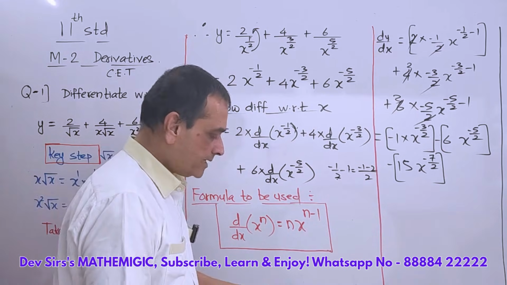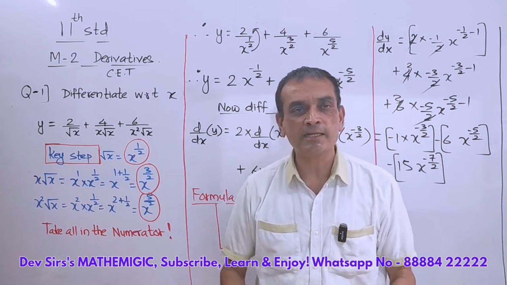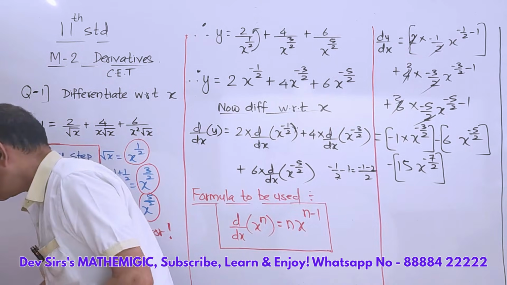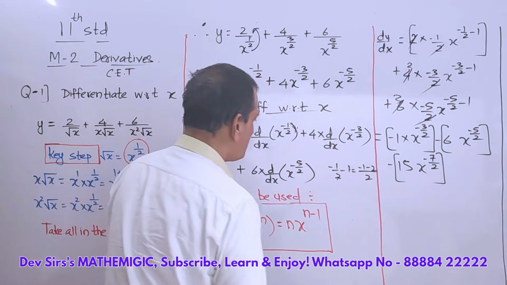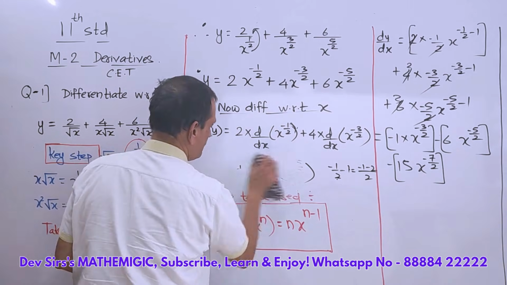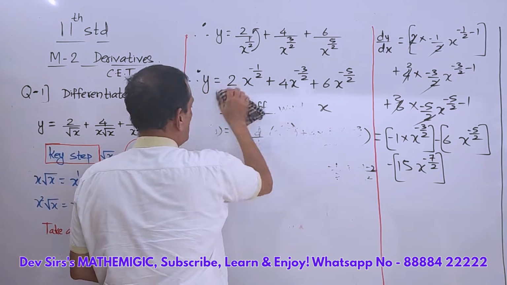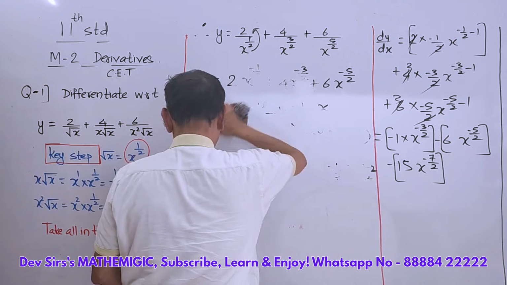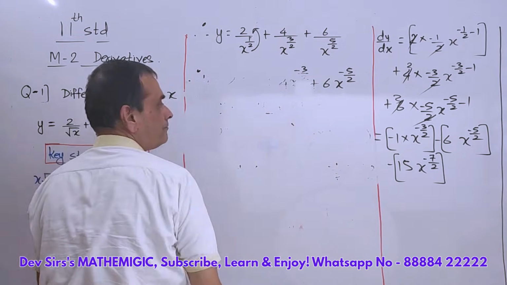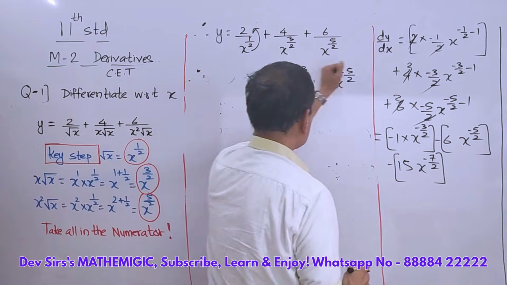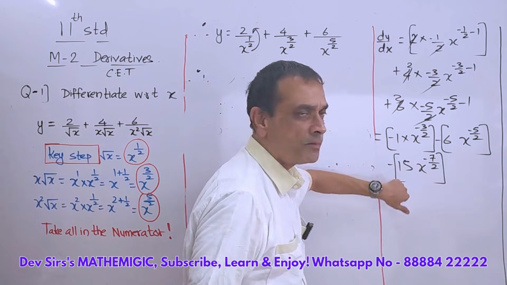This is our answer, but in CET sometimes you have to convert into the answers or options that they have given. So let's see how to do that. This option was not given. So how do we convert now? I'll show you here. Its work is done. Just take this in the denominator.